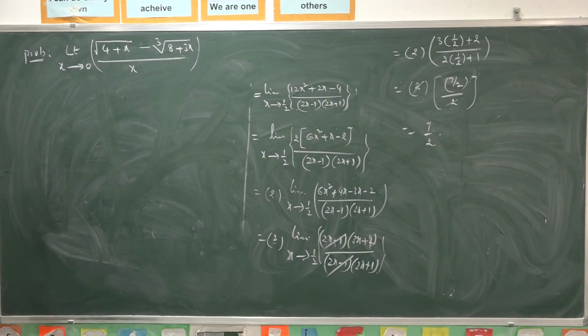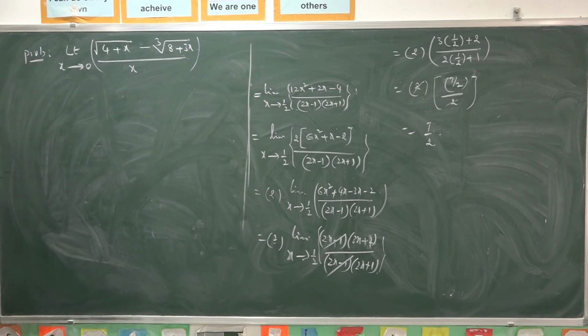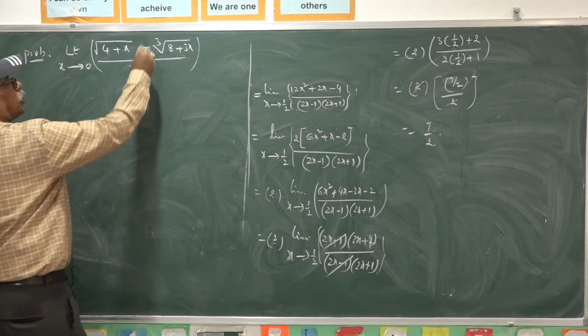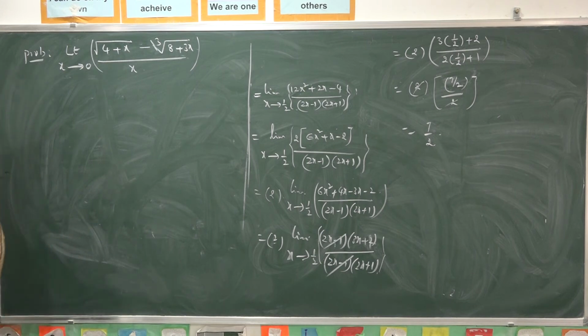Limit x goes to 0, root over 4 plus x minus cube root, means whole power 1 by 3, cube root of 8 plus 3x, by x. That should be evaluated.